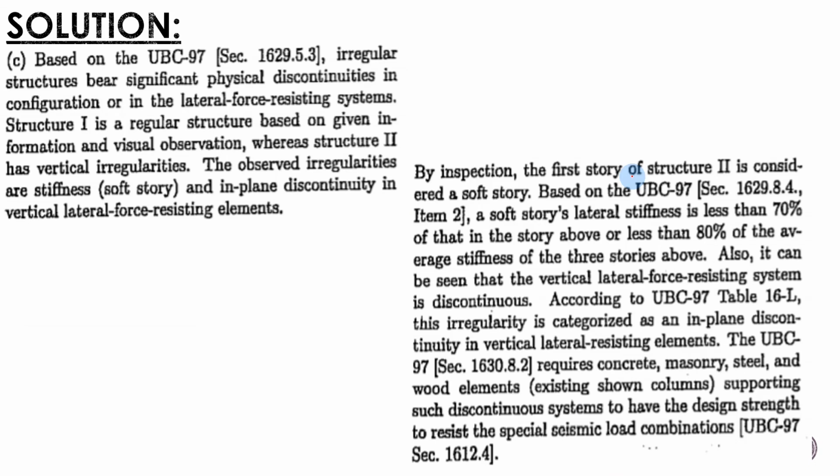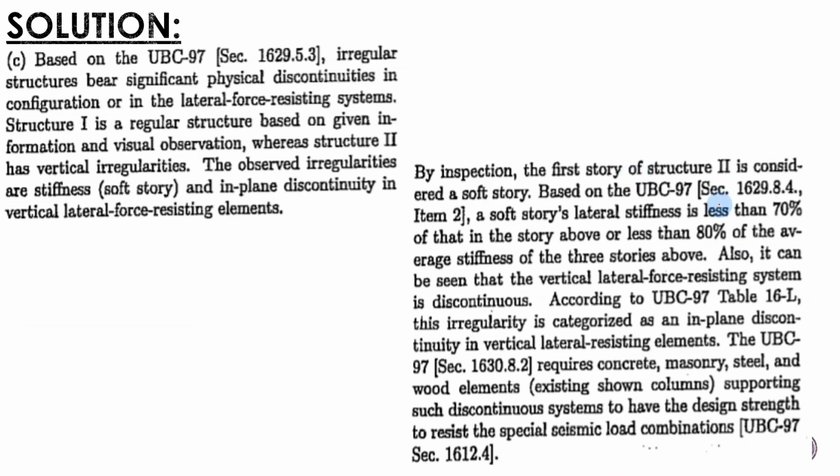And lastly is katong sa C, no, gipa-identify guys kung unsa ang irregularity. So I think ang naay irregularity is katong sa structure 2. Okay, so based on UBC 97, irregular structures bear significant physical discontinuities in configuration or in the lateral force resisting systems. Structure 1 is a regular structure, based on given information and visual observation.